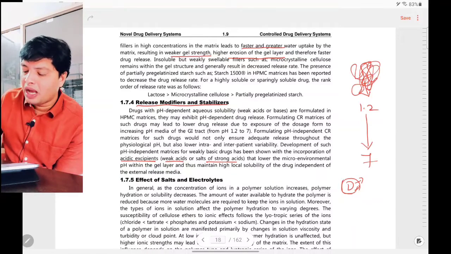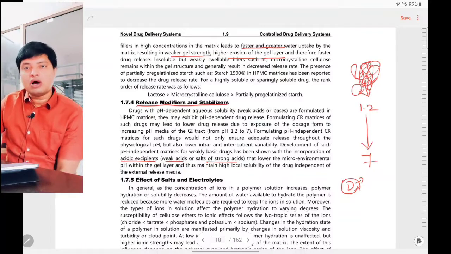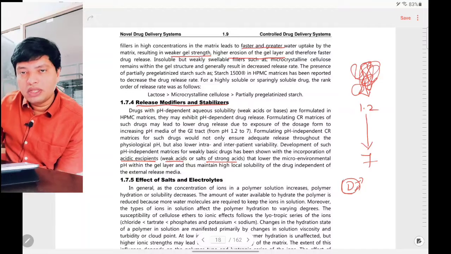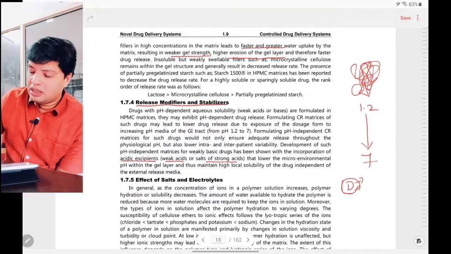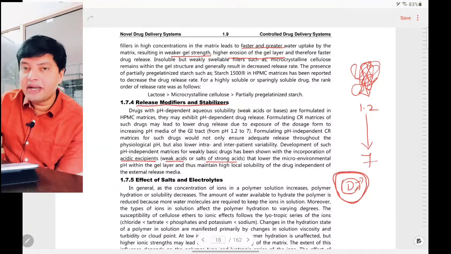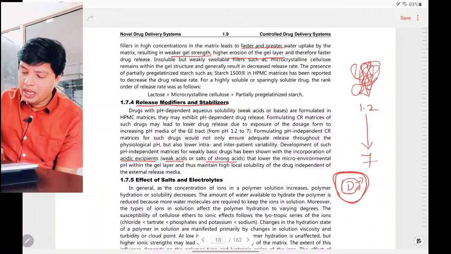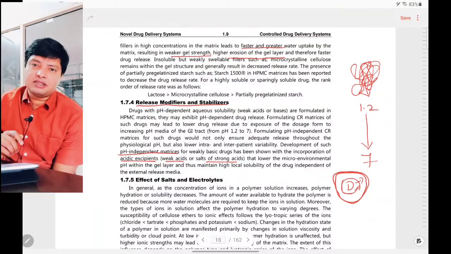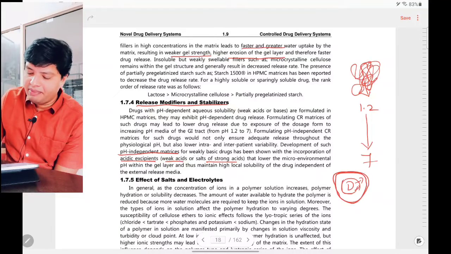Because the drug is basic, acid and base will react and form salt, and the drug is available in soluble form throughout the release. Now I will coat this with pH independent polymer. Okay, I want to make pH independent matrices for weakly basic drugs.